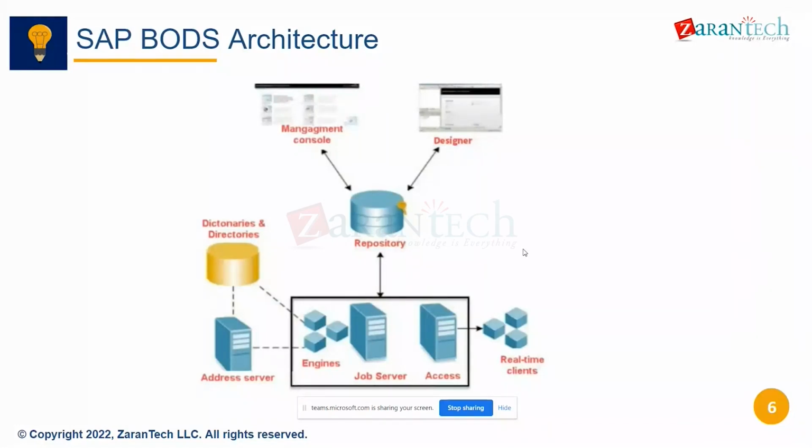You mentioned the engines and address server are only for real-time jobs, or, for example, if I developed one job in my designer, in that case it will not use the engine? No, at that time the engine is something that sends signals to the repository to start some process.